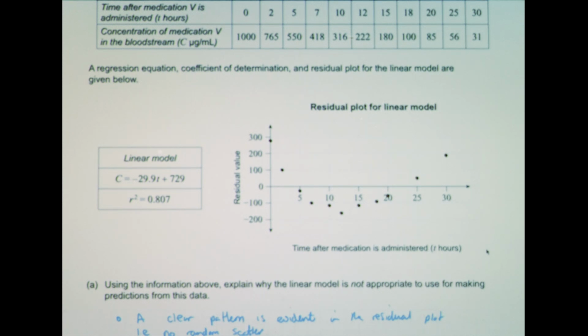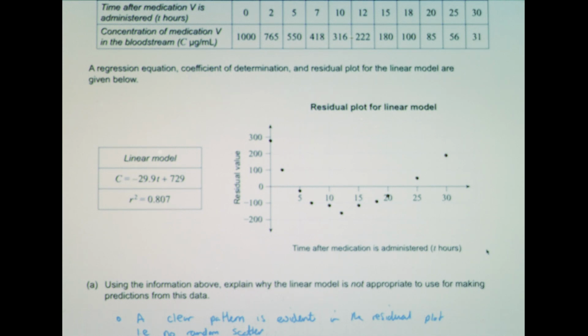So using the information above, so there's obviously a lot of information above, explain why the linear model is not appropriate to use for making predictions from the data. So the most obvious ones are that we've got a clear pattern in the residual plot, and we've got high residual values. Okay, so they're the most obvious answers that would be accepted in that case.